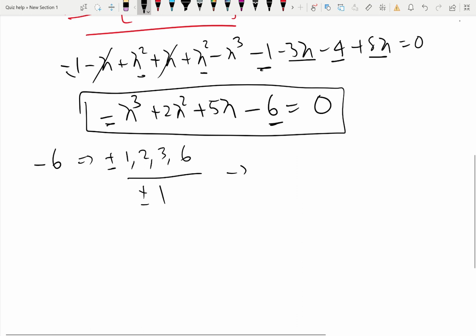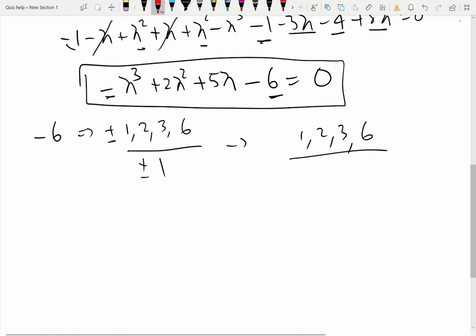So your root should be one of 1, 2, 3, 6. Usually 1 or 3 or 2 out of these, since we should get distinct eigenvalues. So let's try it out.